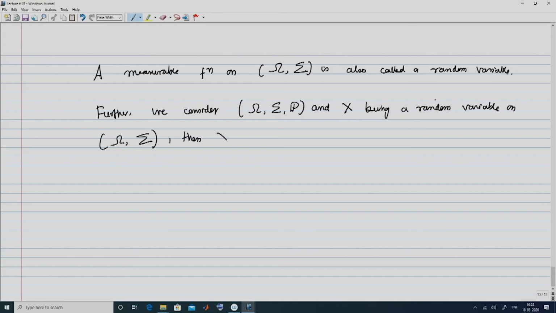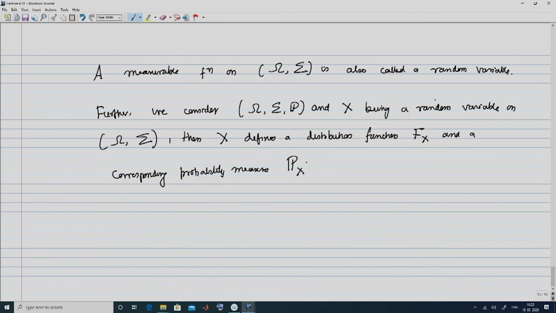Then this random variable X defines a distribution function, which we will denote by capital F subscript X, and a corresponding probability measure P subscript X on R, just like we had done in the finite case.